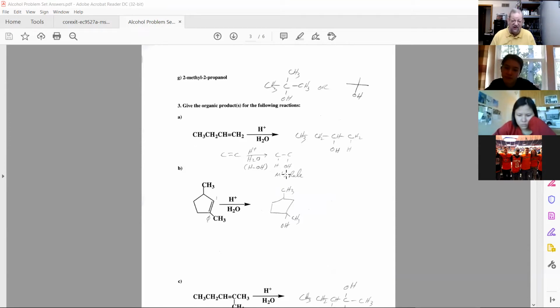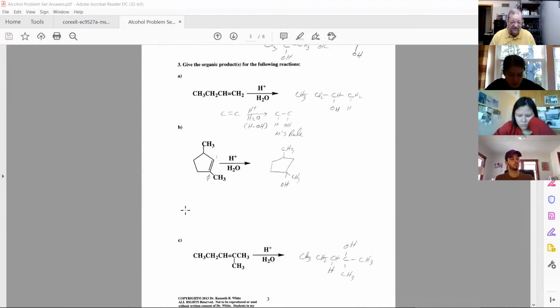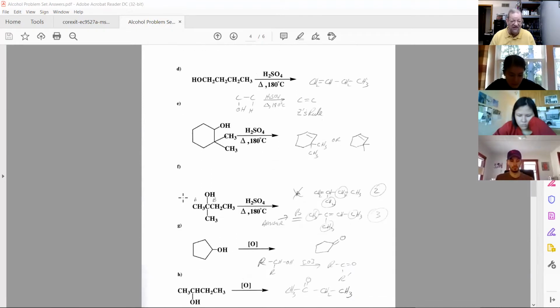One carbon gets H, the other gets the hydroxyl group OH, and it follows Markovnikov's rule. The carbon with the most hydrogens, this end one has 2, gets the hydrogen. This other carbon in the double bond has 1, and it gets the hydroxyl group. You don't break carbon-carbon single bonds. And the same thing for B, and C. Wow, I gave you a lot.